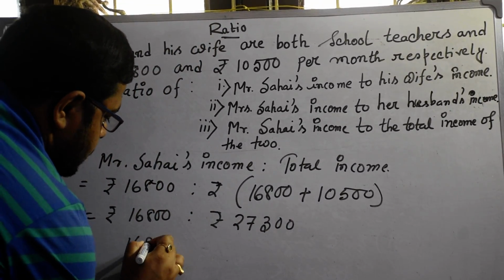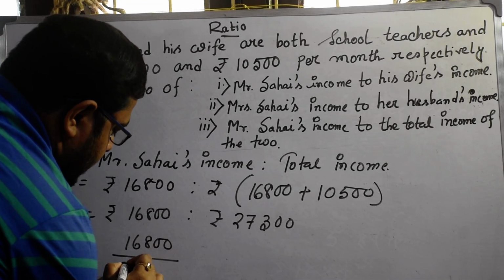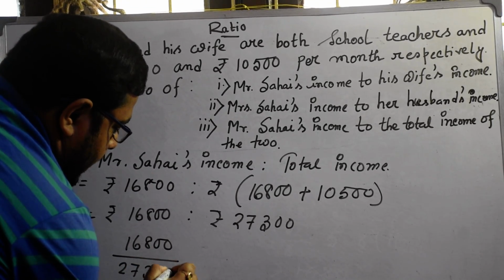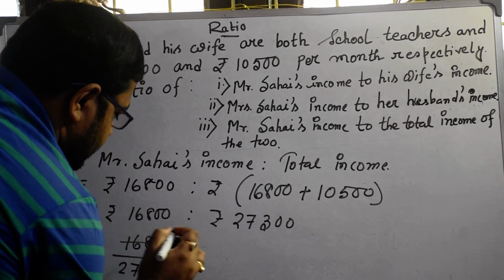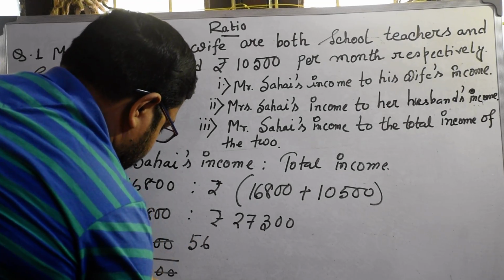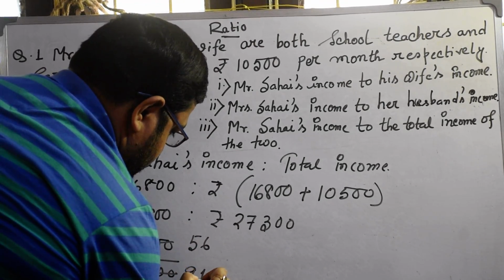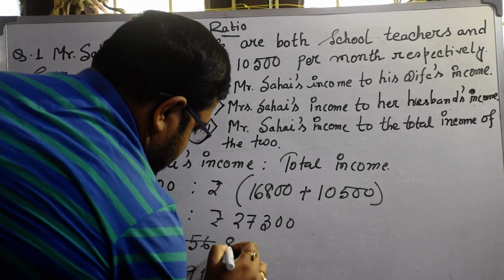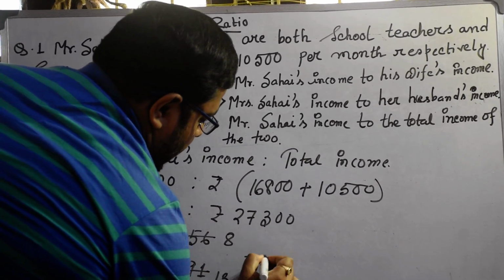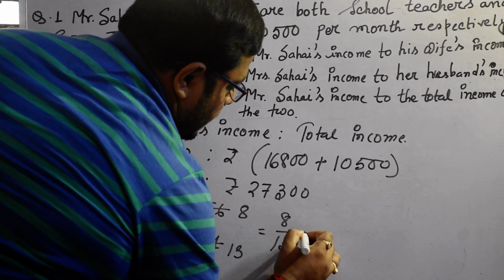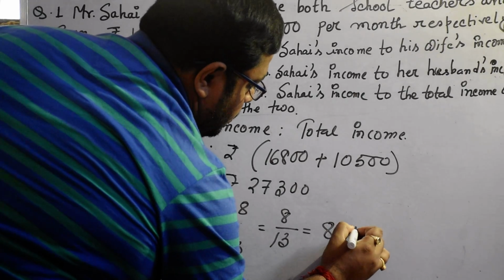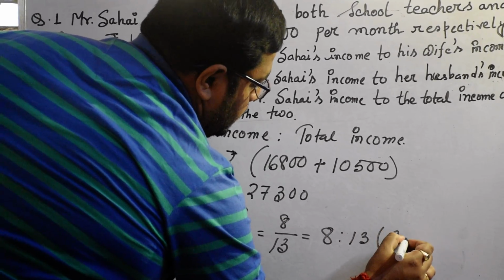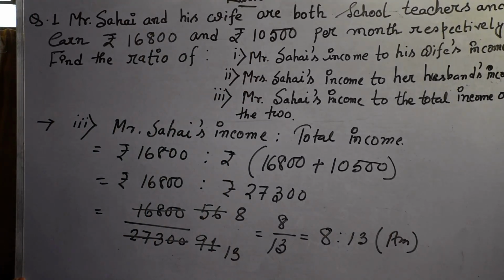Now 16,800 by 27,300. So 8 by 13 is equal to 8 is to 13, which is the third part of the first question.